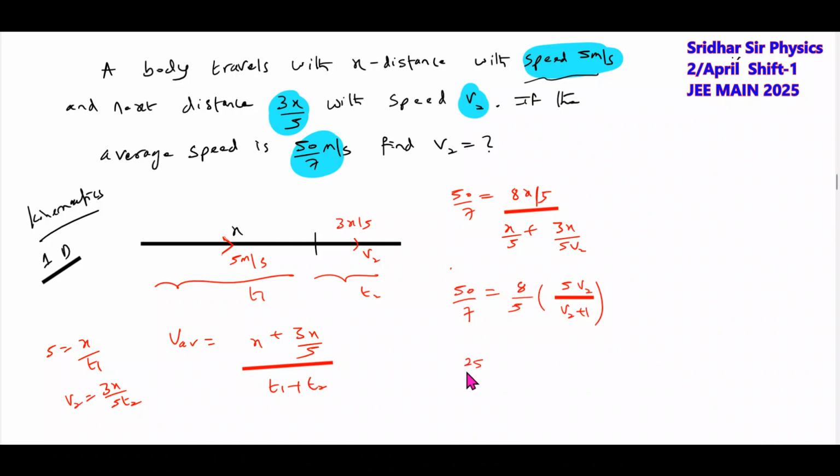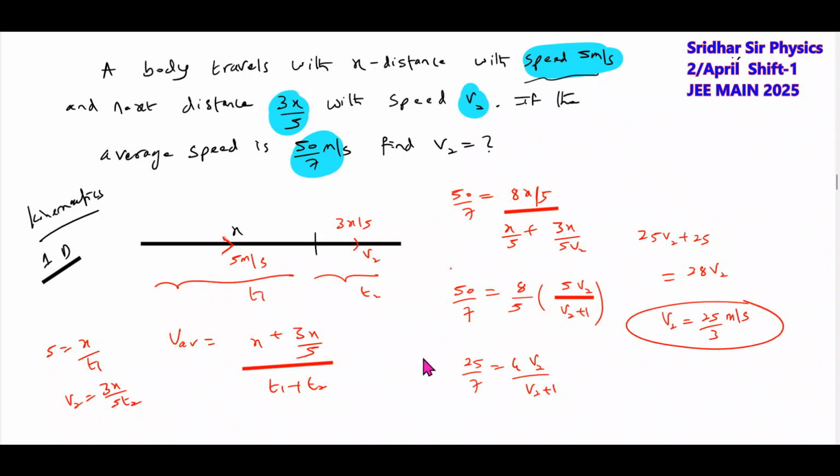This will be 25 by 7 times 4, v2 by v2 plus 1. So 25 v2 plus 25 equal to 28 v2. v2 is equal to 25 by 3 meter per second. This is a question I gathered. It is just based on the kinematics and motion in 1D, uniform velocity motion.